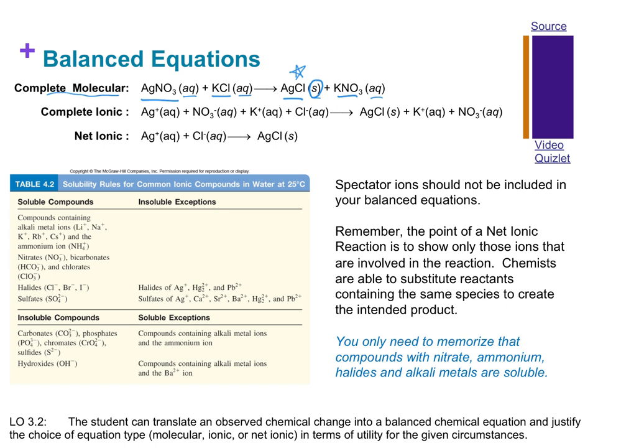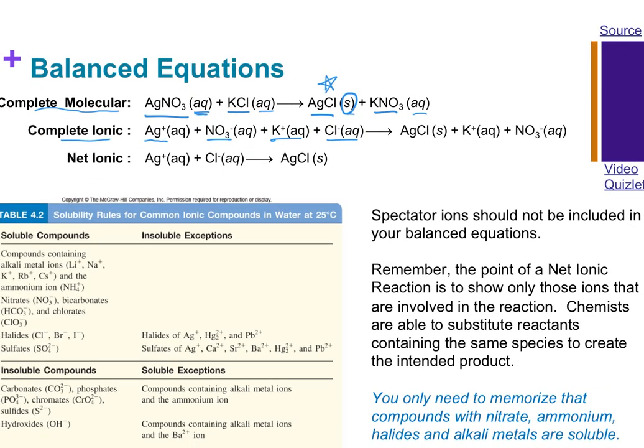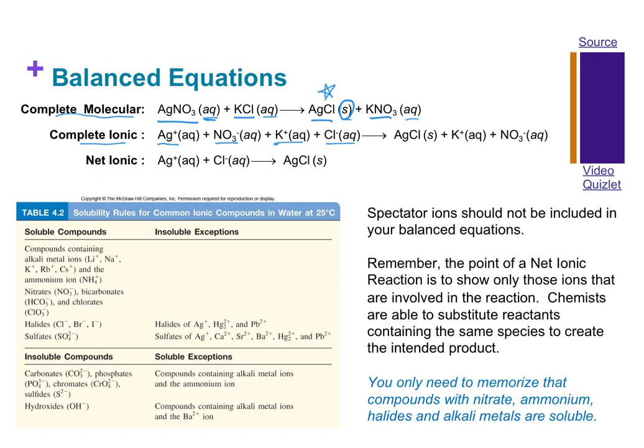The next thing we can do is break the substances up into their complete ionic equation. This is where anything that is aqueous will get broken up into ions. So I have silver aqueous, nitrate aqueous, potassium aqueous, and chloride aqueous. Because when something is aqueous, it is dissolved in water. So when these ions are dissolved in water, they actually break apart and the water will surround them.